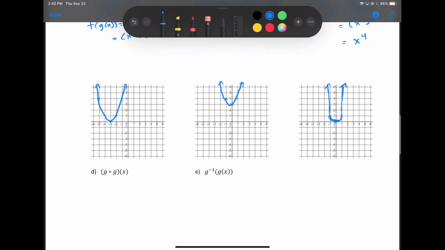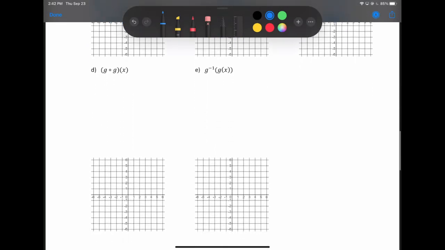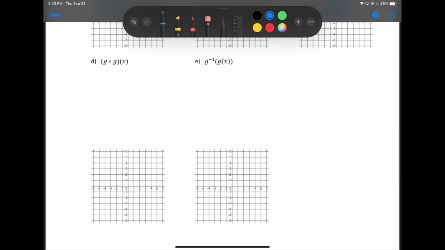All right, a couple more. G at g at x. Again, that could be written as g at g at x, which I find most people have an easier time understanding. And g at x is x plus 3. So now instead of being x plus 3, it's g at x plus 3, since that's literally what I'm plugging in.